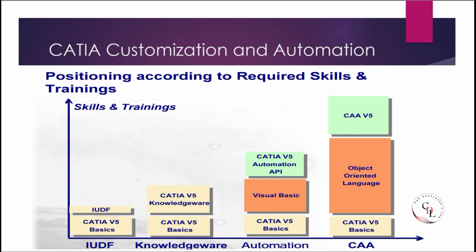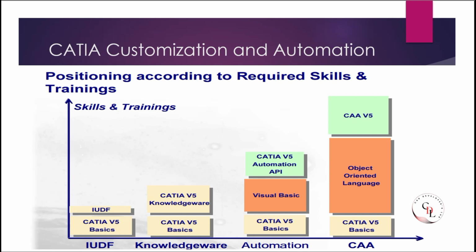In user defined function, the user should know CATIA V5 basics. For knowledgeware, the user should know basic CATIA as well as some EKL scripting, CAT rules like that. For automation, users should know CATIA V5 automation API, Visual Basic language, and basic CATIA as well.